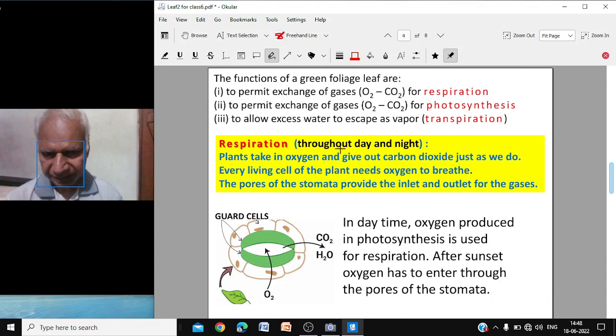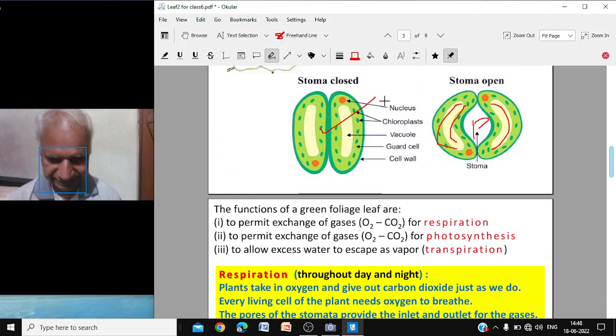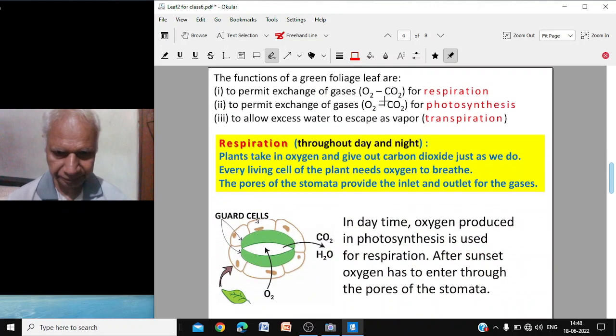Now the main functions of a green foliage leaf are to permit exchange of gases for respiration, to permit exchange of gases for photosynthesis.